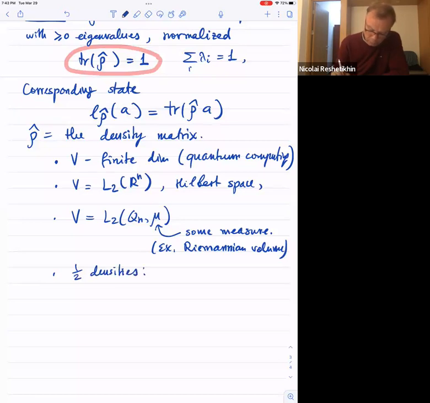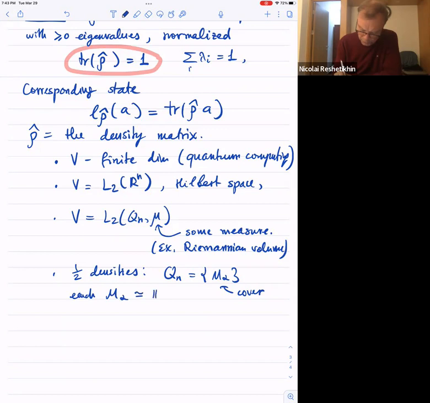Half densities is the following. Suppose that you have a manifold Q. It has some cover, some atlas of coordinate neighborhoods, and for each M alpha, we have coordinate functions to Rn, an isomorphism with some open disk in Rn.